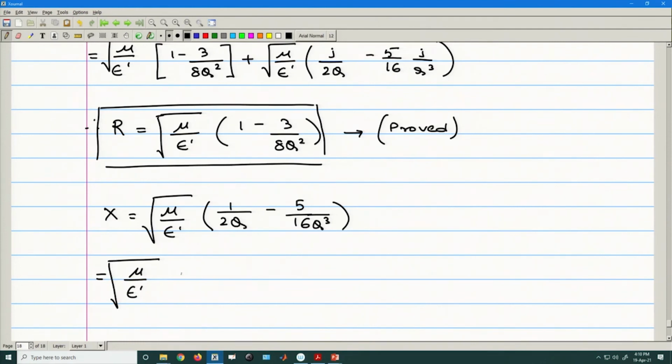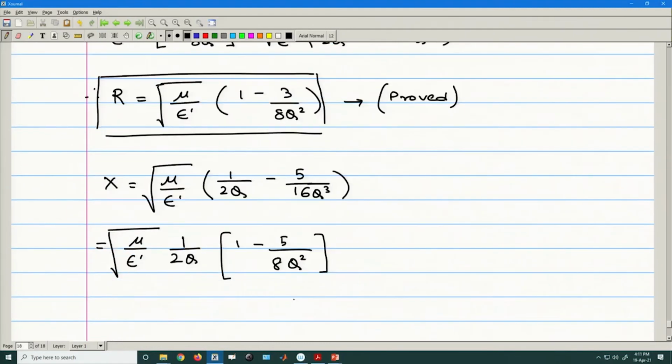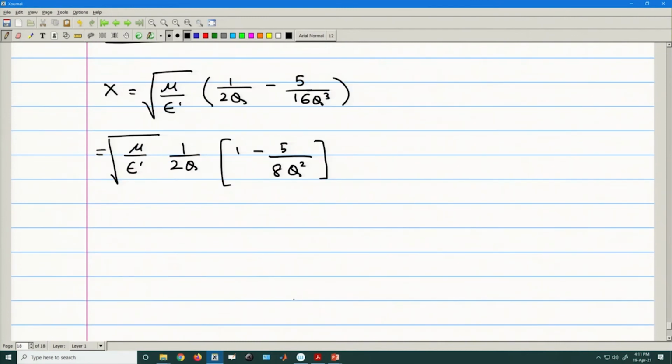So here 1 by 2q comes out of the bracket, and 1 minus, 1 by 2q got out, so we will be left with 5 by 8q square. Fine, that gives us mu upon epsilon prime.